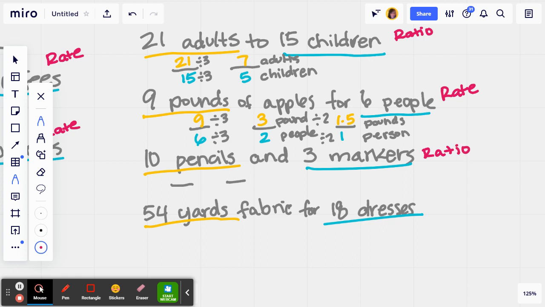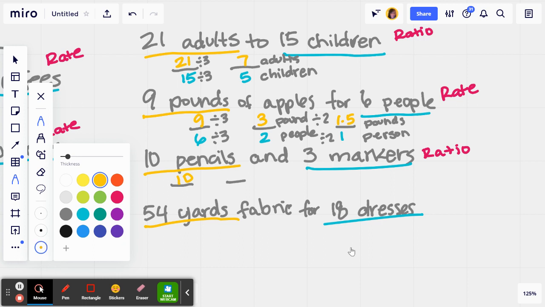We're not talking about feet and dollars and gallons and all those different kinds of units. So when we're talking about counting pencils and markers, we can say that the unit is just one single writing utensil. Okay? So if we set up our initial rate, we have 10 pencils for 3 markers.